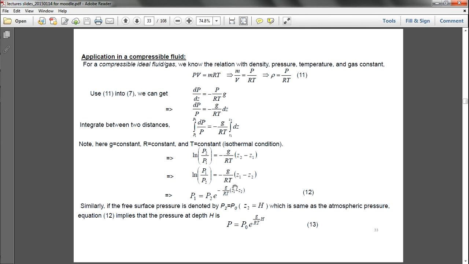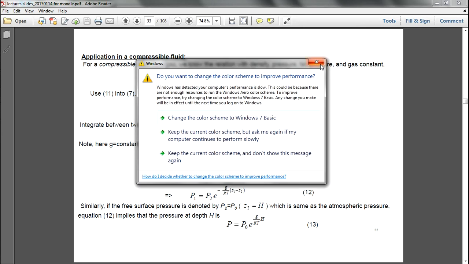Once you set this, you can multiply by exponential and solve for this line. Eventually you know that p1 is equal to p2 e to the minus g over RT times (z1 minus z2).